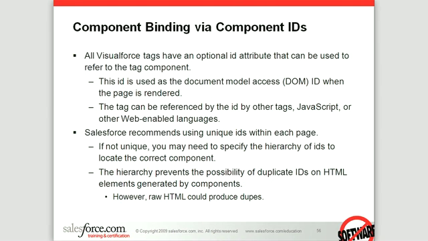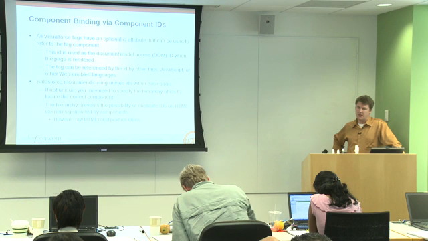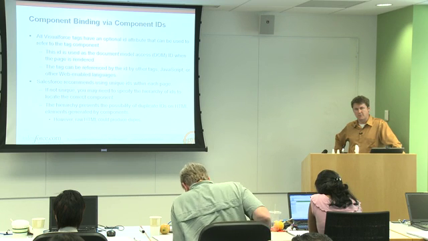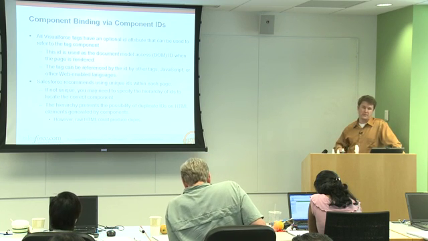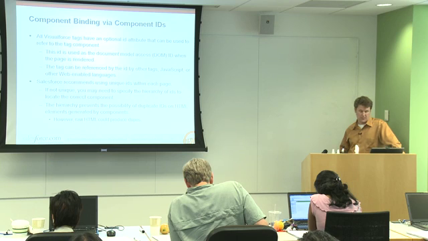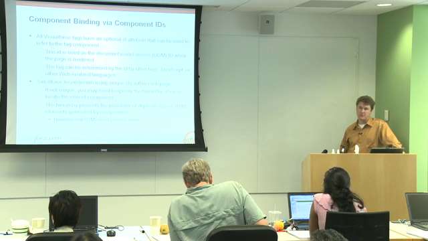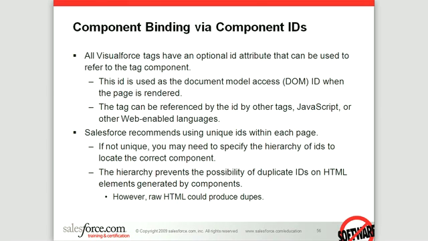There's also component binding. John, you were asking, can I use an ID and then refer to that ID? We can do that either within JavaScript or within the context of visualforce. You could associate an ID, which would be referenceable in the document object model, and then in your visualforce page, you can do something called component binding to reference that other thing. You could also use that ID in a JavaScript script.